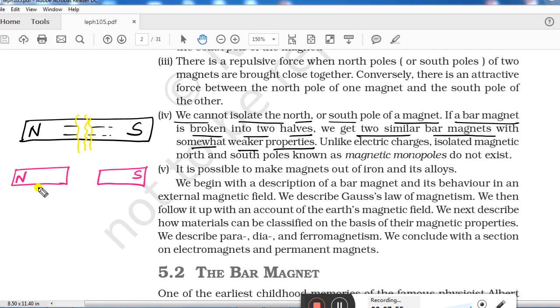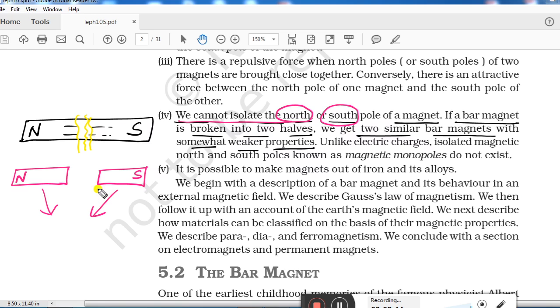Now what were they saying in this point? They were saying that we cannot isolate the north or the south pole. That means we can't have a magnet which has north only or south only.